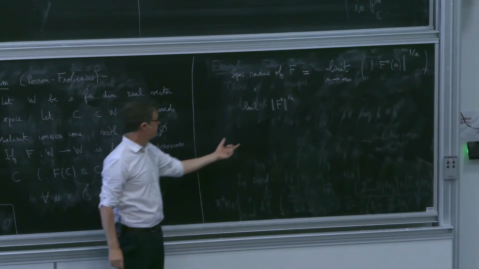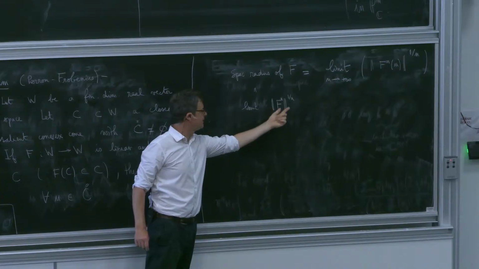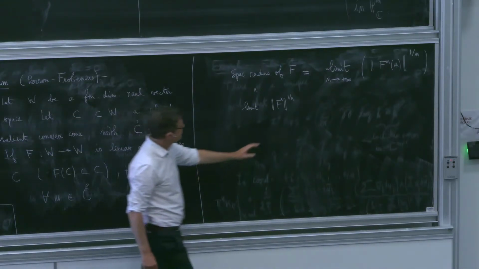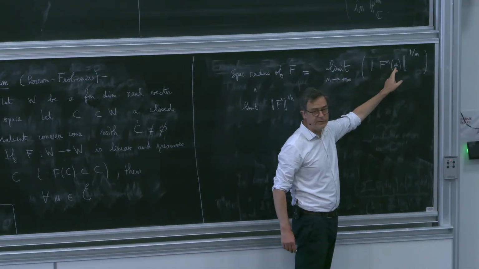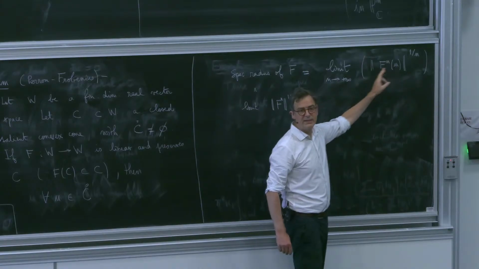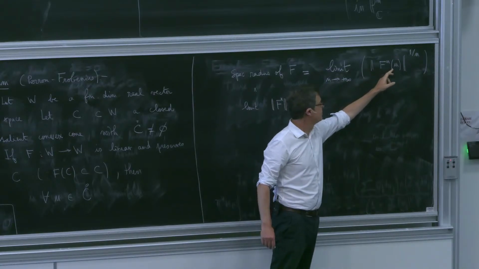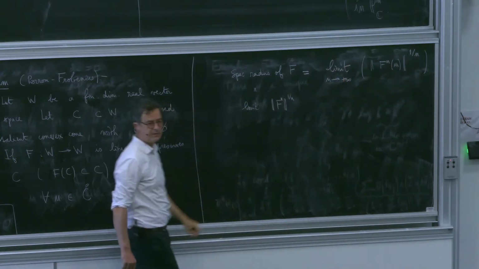So to compute this, you need to look at all vectors of, let's say, norm 1. When you compute the limit on the right, you are just looking at what happens for one vector. But you get the same result if there is an invariant cone and the cone contains some vector u in its interior. Okay, so that's the theorem.